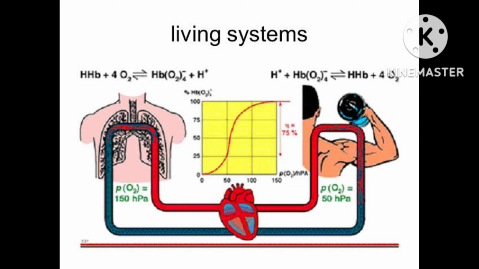The magnitude of Kc or Kp, meaning the value of Kc or Kp, is directly proportional to the concentration of products, as these appear in the numerator of the equilibrium constant expression, and inversely proportional to the concentration of reactants, as these appear in the denominator.